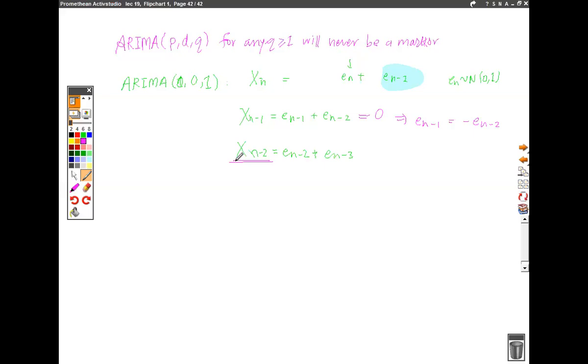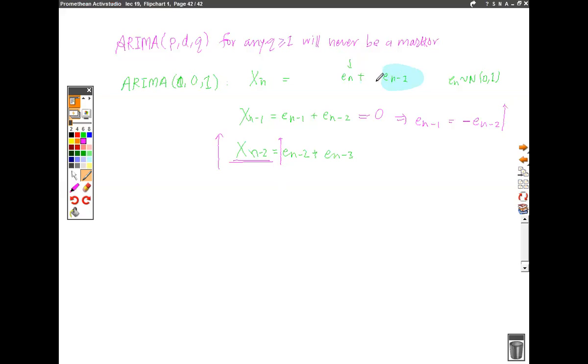So if xn−2 is more likely to be a higher positive number, so is εn−2. And if this is a highly positive number, then because we have a negative here, this is going to be a nice negative number as well. And this will clearly impact here.